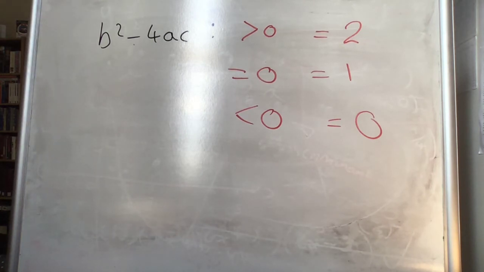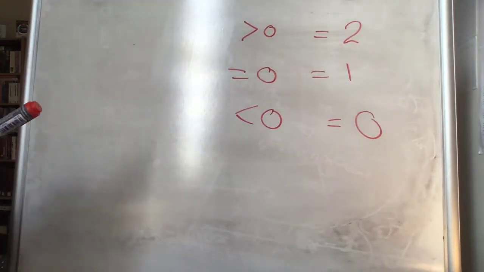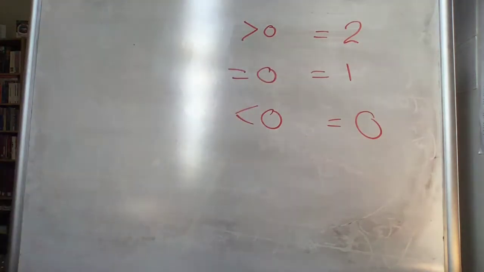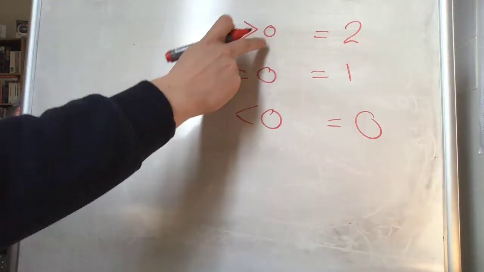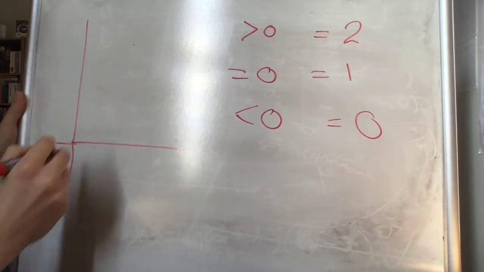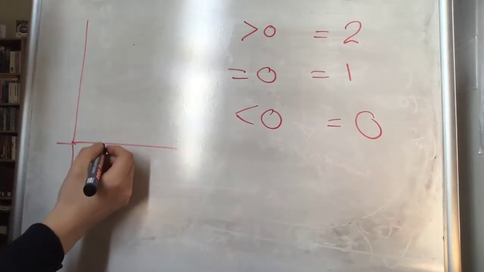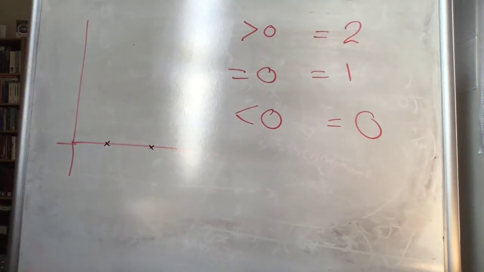And you can use the discriminant to check the shape of the sketch graph. So let's say we were to sketch each of these particular things. So we've got our discriminant, b squared minus 4ac, and let's say we took an example where it is above 0, so when the discriminant is greater than 0. If we have a graph that looks a little bit like this, then we know there's going to be two distinct roots, which means it's going to cross our x-axis at two distinct points.